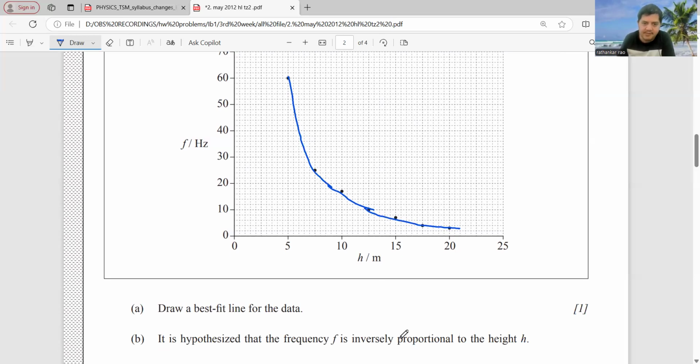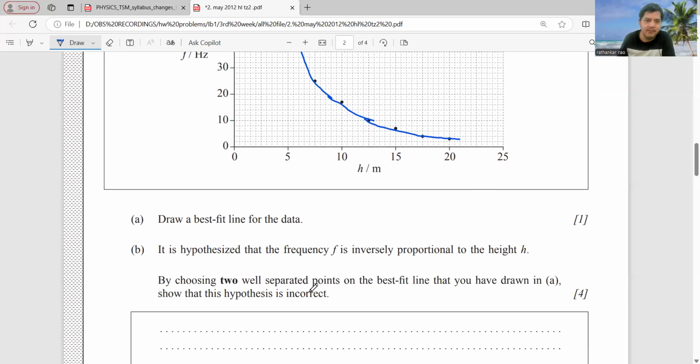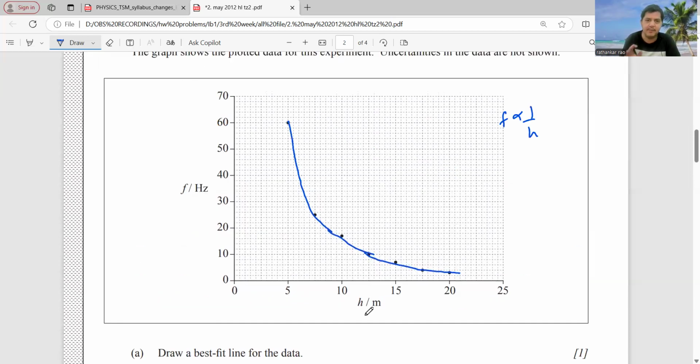Then it is hypothesized that frequency f is inversely proportional to the height h. As you observe, it is very clear to us that f is inversely proportional to 1 by h. But we need to verify. We cannot just directly say that. By choosing two well-separated points on the best fit line that you have drawn, show that this hypothesis is incorrect.